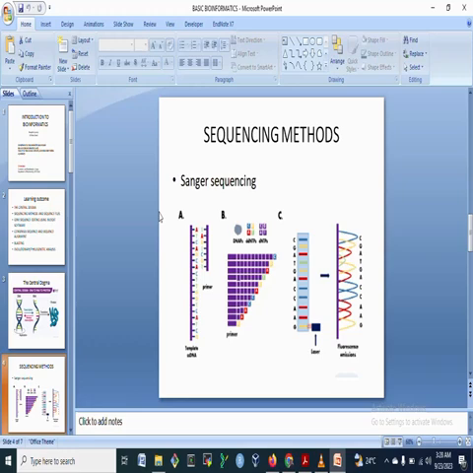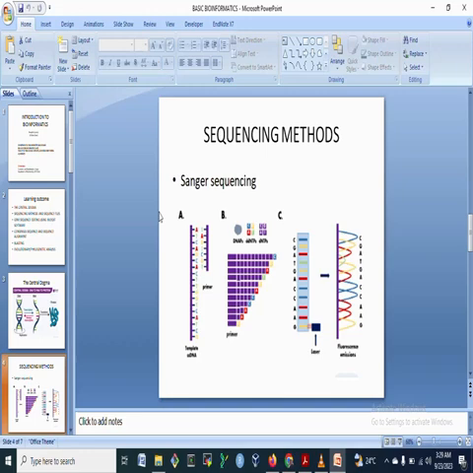It has a limitation because it can only sequence a short targeted gene, maybe a gene for antimicrobial resistance, a gene for 16S ribosomal DNA used to differentiate bacteria, or the ITS gene to differentiate between fungi. These are short, gene-specific sequences. It would be laborious and time consuming, taking weeks or months, to use Sanger sequencing to sequence a whole genome. So in that case, Sanger sequencing has a limitation.